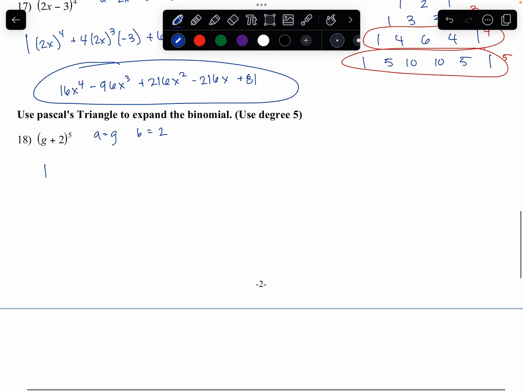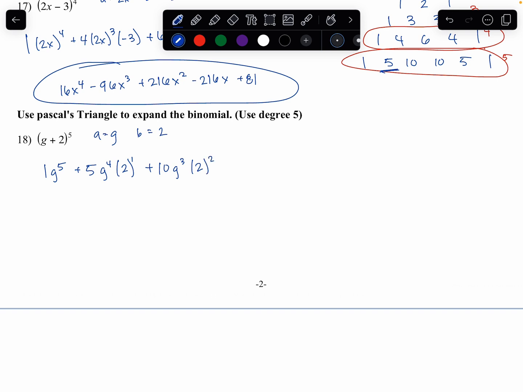So 1g to the 5th, because we're starting with degree 5. The next one is going to be plus, here's the coefficient, it's going to be 5. Now g is going to be to the 4th power, and 2 is going to be introduced, 2 to the 1st power. Then plus 10, then we're going to have g to the 3rd, and then we're going to have 2, but now it's going to be squared.